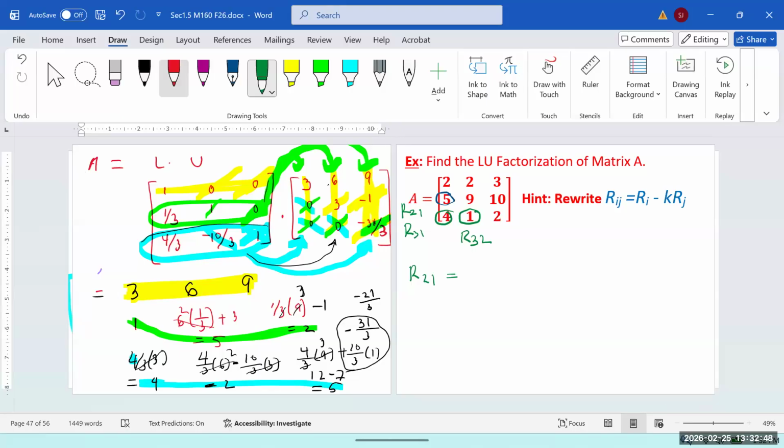Christelle, go ahead. So what I did was row 2 minus 5 over 2 times row 1. Our row 2 is 5, 9, 10, and row 1 is 2, 2, 3. You multiply each of them by -5/2.